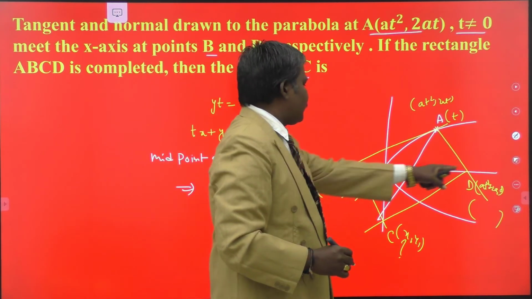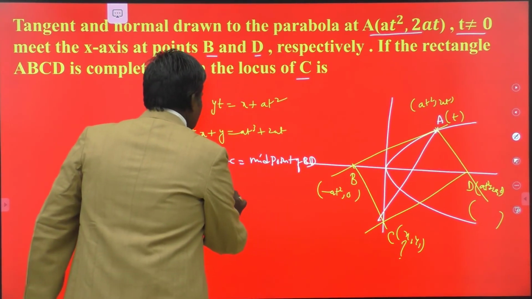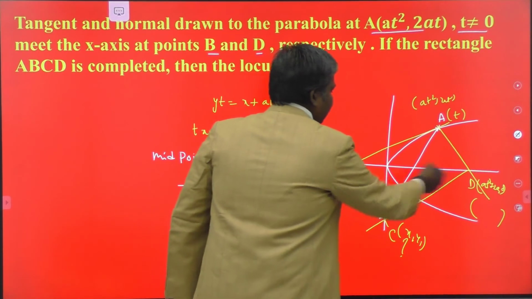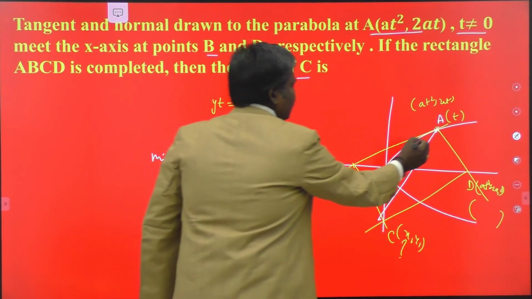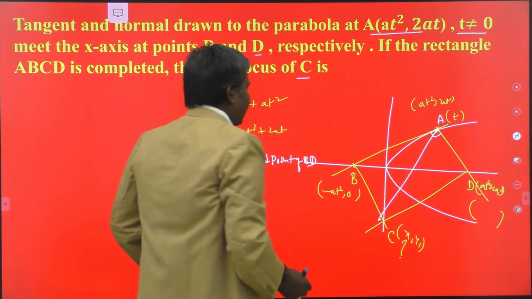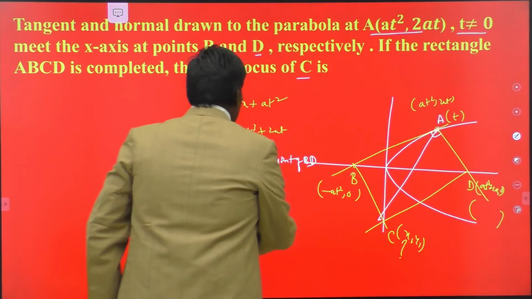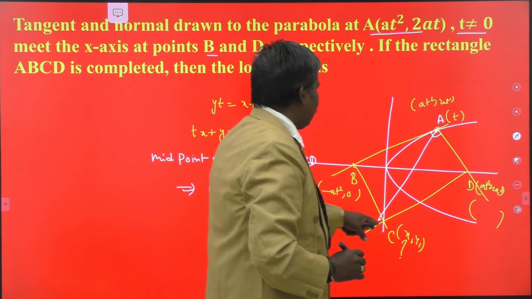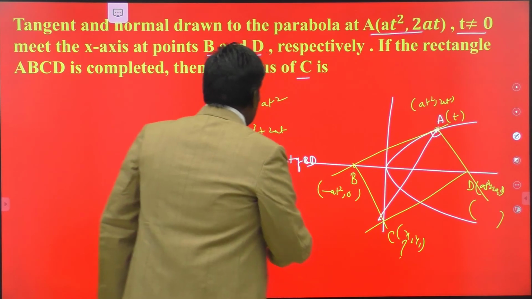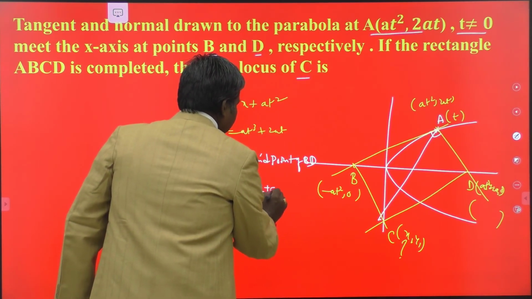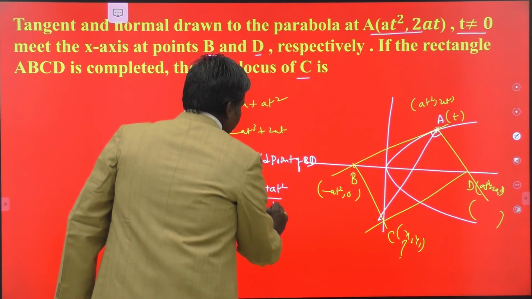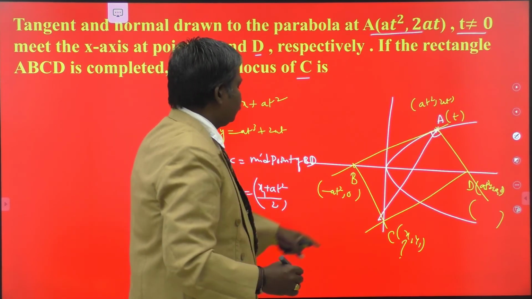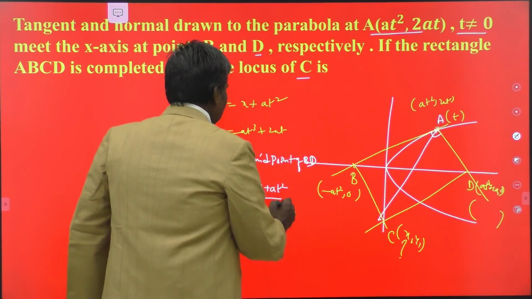And (0 + 0)/2 is 0. So (a, 0). Already we discussed it. S is the midpoint of that one, because the angle in a semicircle is 90 degrees. Its midpoint is (a, 0). That is equivalent to ((x1 + at²)/2, (y1 + 2at)/2).